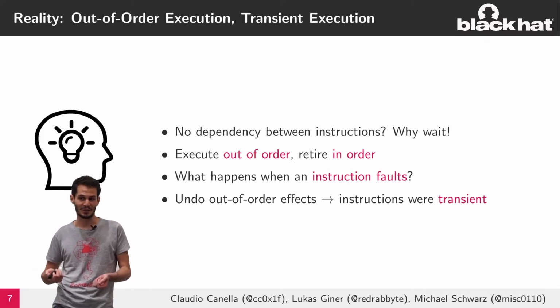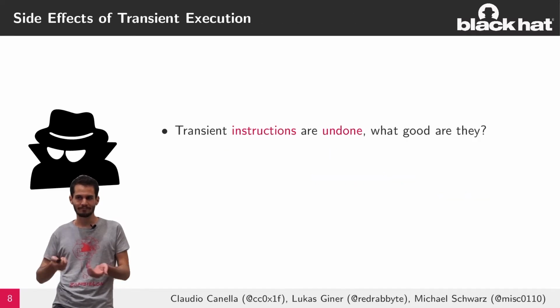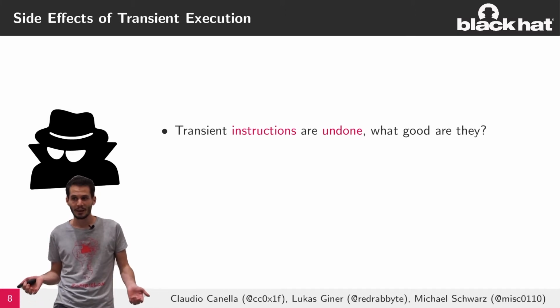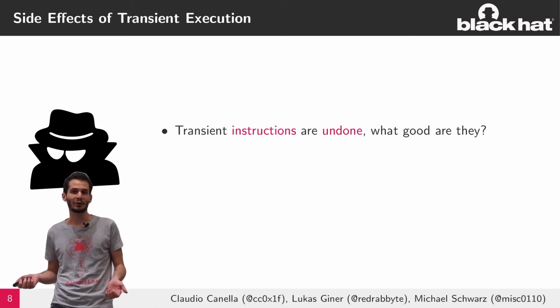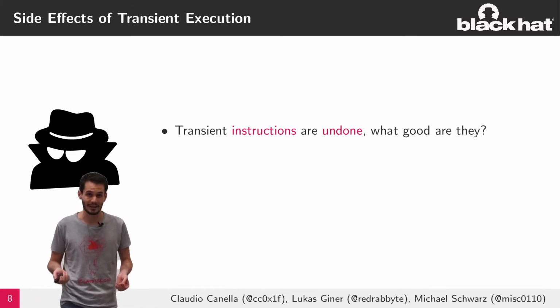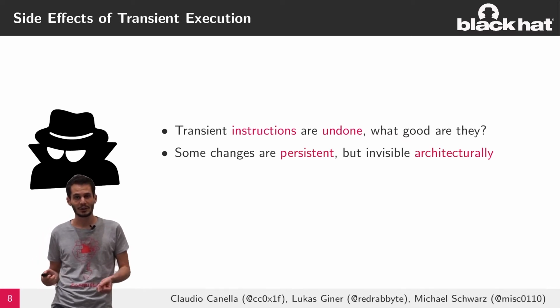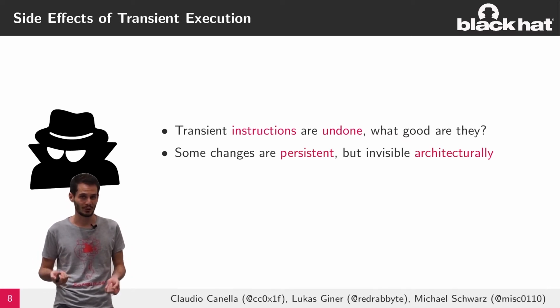Yeah, it is. And those transient instructions don't leave any architectural trace. They're basically gone. So at this point, you might wonder, if they're undone, if they don't leave any trace, what are they even for? What's the point of them? Or what can we do with them more as an attacker? Remember I said the processor tracks the architectural changes and reverts those. It does not track microarchitectural changes.